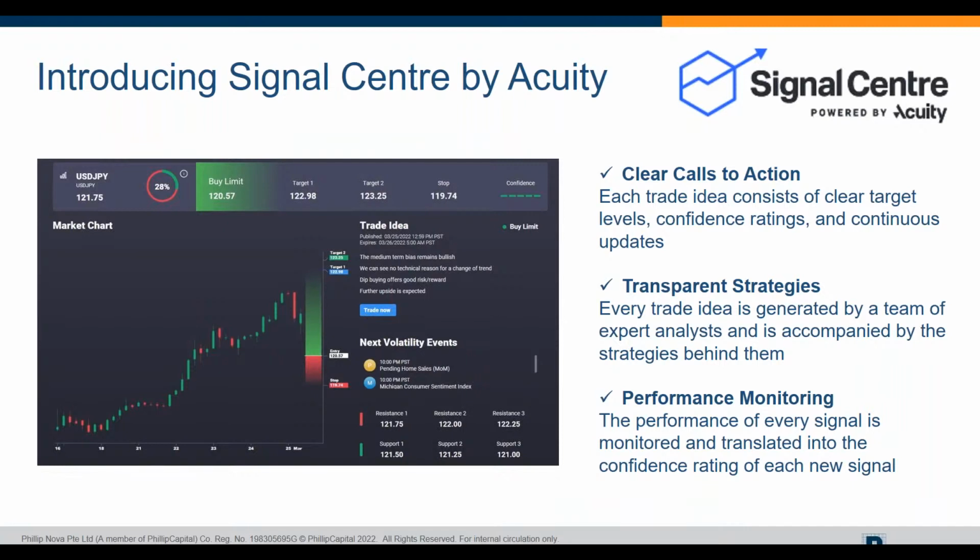And thirdly, we have performance monitoring. The performance of every signal is monitored and translated into the confidence rating of each new signal. These are just the features in theory, but later in the platform demonstration, I'll go in deeply and let you see how useful it can actually be for you.